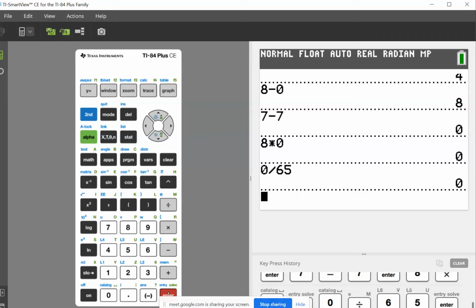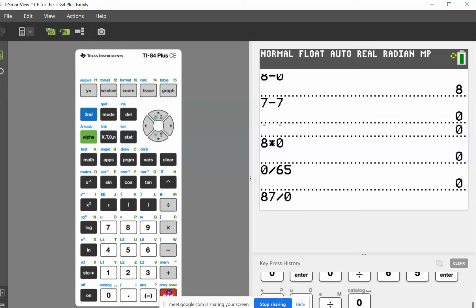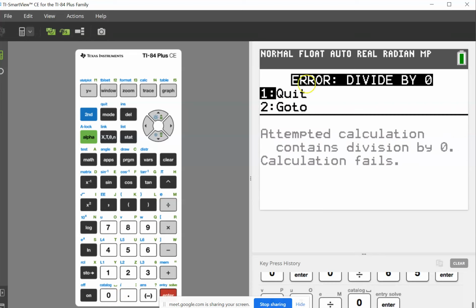However, if I take a number, let's say 87, and I want to divide that by 0, you cannot divide by 0. We get an error message about dividing by 0. We cannot do it, and that's where we get the undefined from.